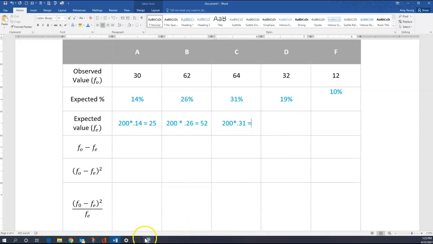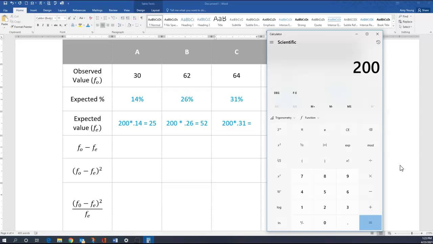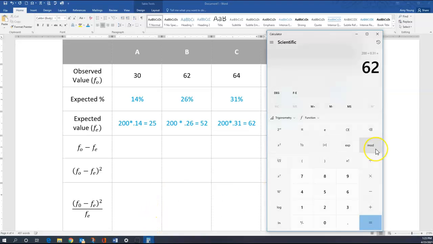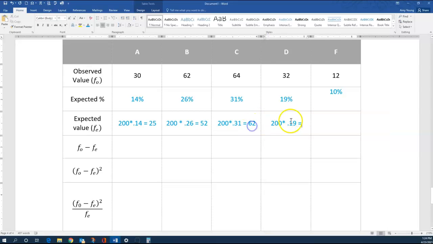So let's see what that's going to give us. So 200 times 0.31 gives us an expected 62 C's, and 200 times 0.19 for our D's. So 200 times 0.19, expected 38 D's.